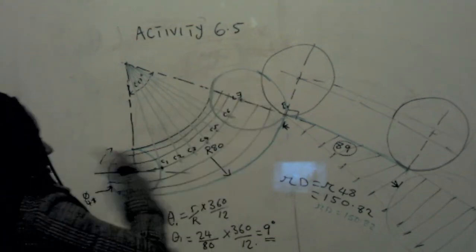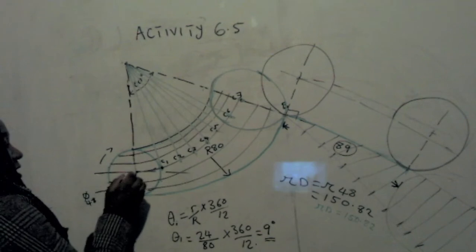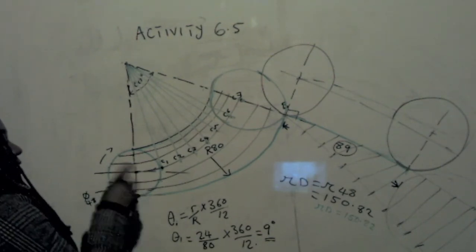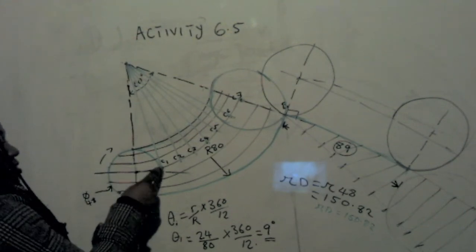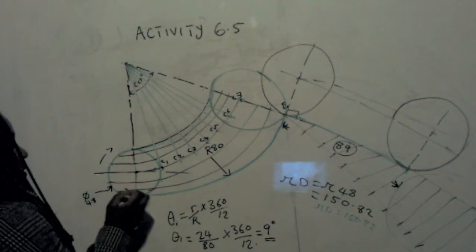Then we are done with the epicycloid. So you are going to take the radius of the circle. Point P is already marked here. Take the radius of the circle, go to C1 and mark on the next arc.